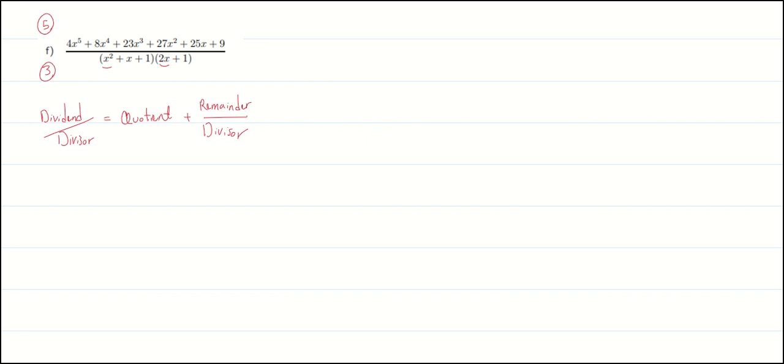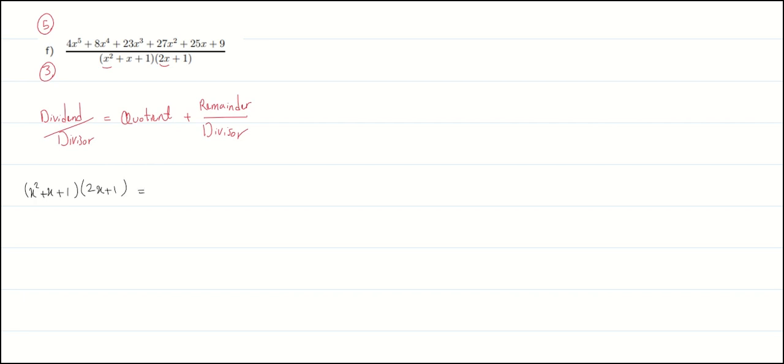But first we have to expand the expression on the bottom since it is in brackets, in order to continue with the division. So we have x squared plus x plus 1 times 2x plus 1.